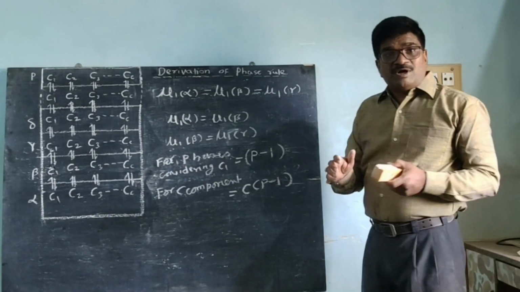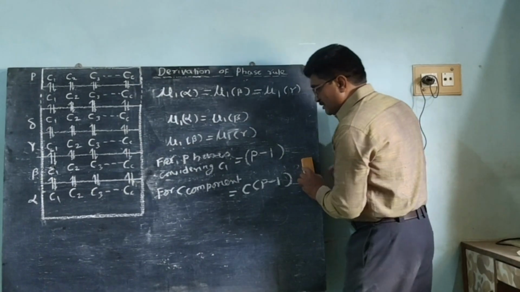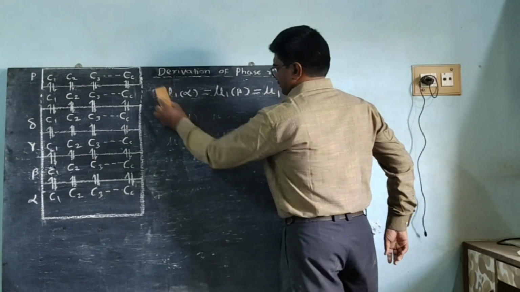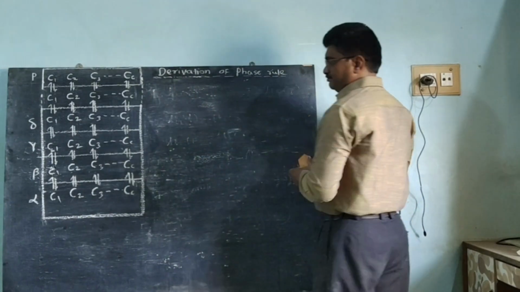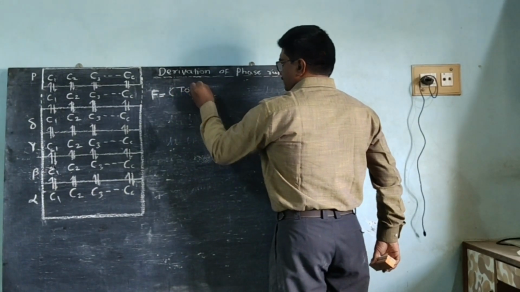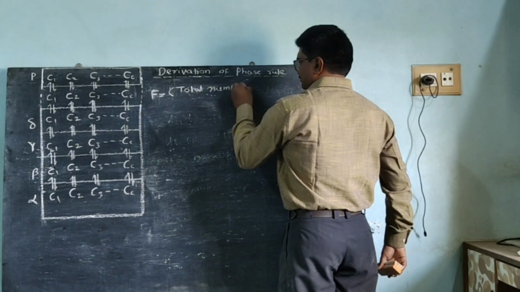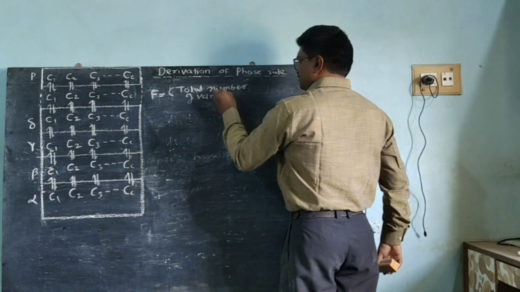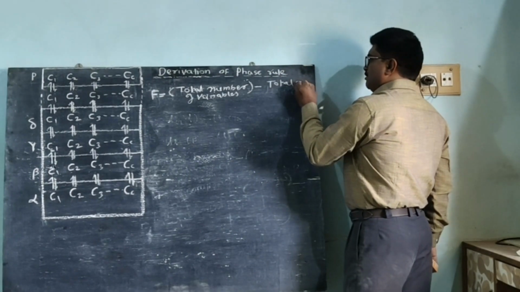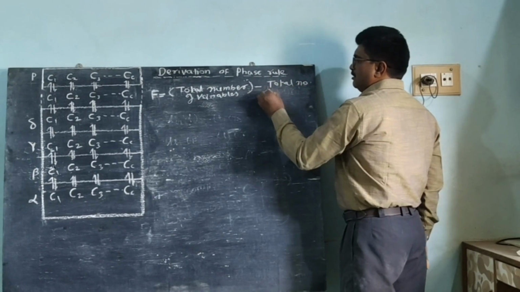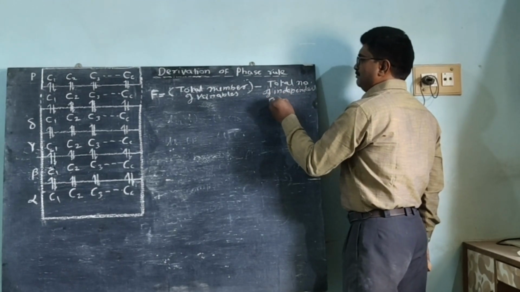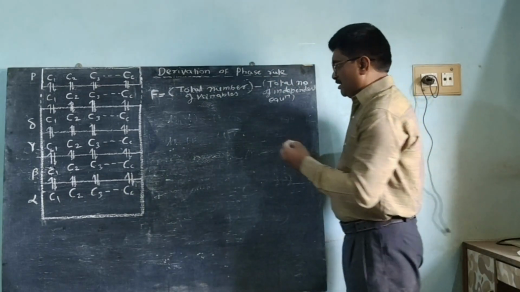Now we know what the number of degrees of freedom is. F is equal to the total number of variables minus the total number of independent equations. Now let's put the value.